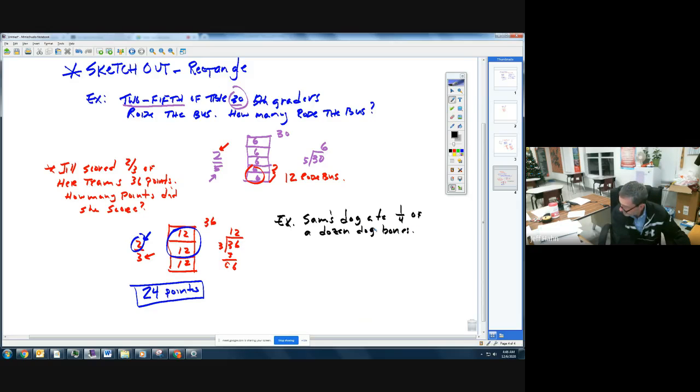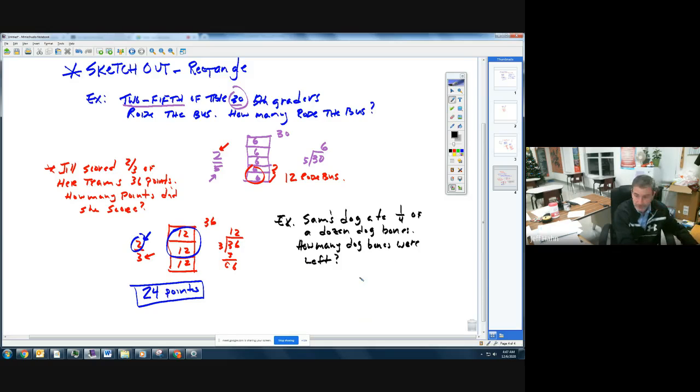How many dog bones were left? Now, an important thing to realize here, kids, is if you read the problem, the fraction tells you how many Sam's dog ate. The question asks you how many were left. So we're going to have to keep that in mind as we solve this problem.